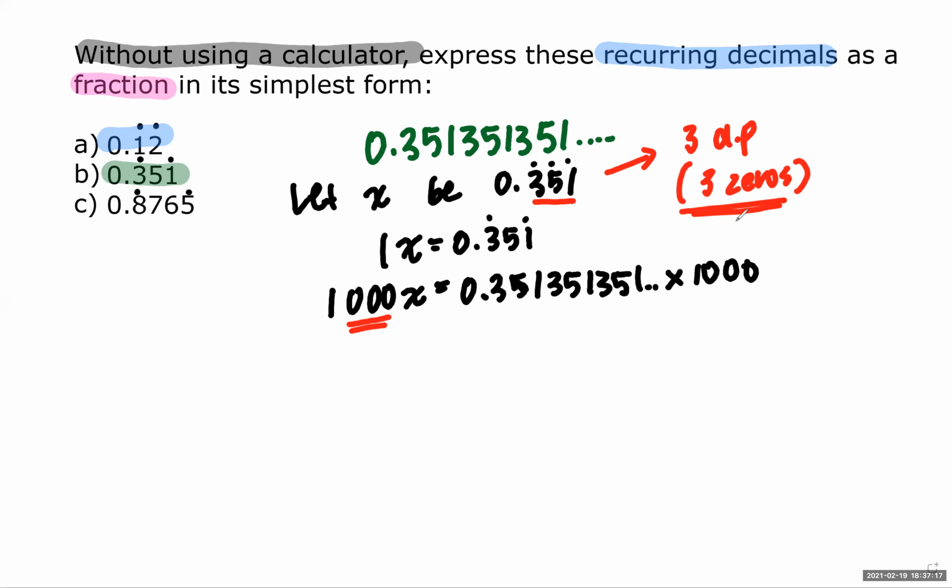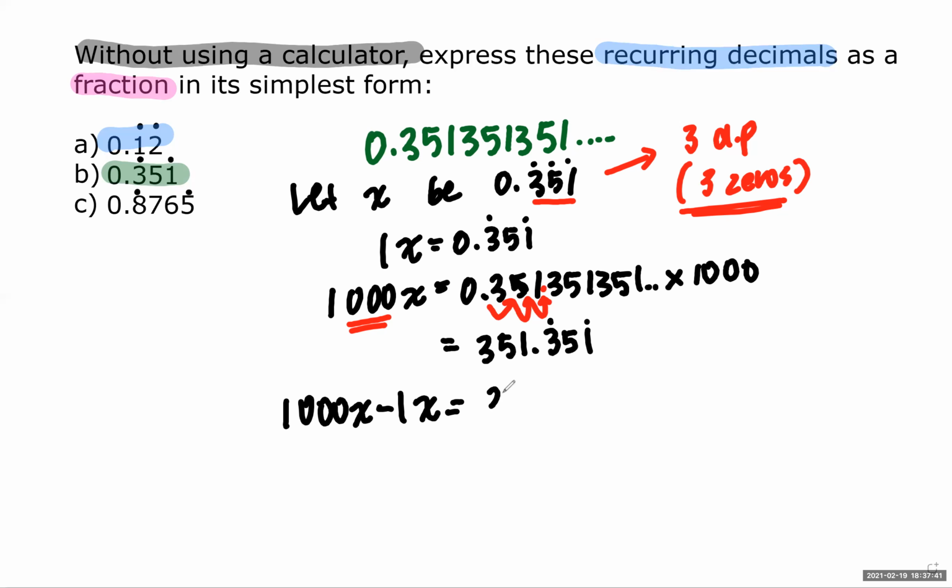Multiplying by 1000 means you move the dot by 3 places. So right now, I know that 1000x will actually give me a value of 351.351351. So I need to minus both of them, so I get 1000x minus away 1x.